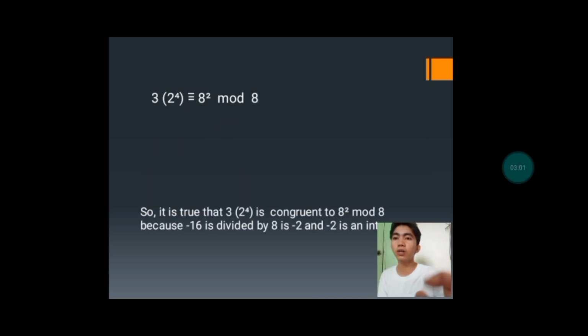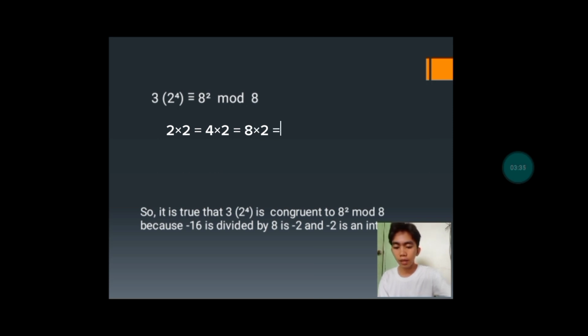Next example. 3 times 2 to the power of 4 is congruent to 8 to the power of 2 mod 8. First, let's simplify 2 to the power of 4. 2 times 2 is equal to 4. 4 times 2 equals 8.